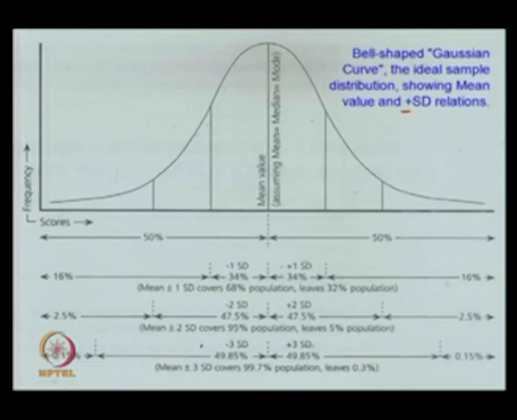From the mean value, if we have 1 SD minus and 1 SD plus, then it is 34 plus 34, so 68% of the population will lie within this range, and the rest can be seen accordingly in this chart.